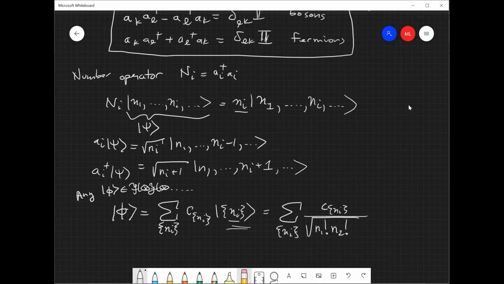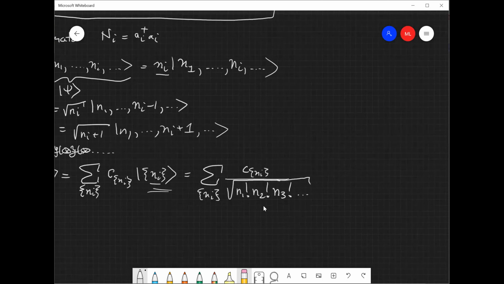And each time you operate you pick up a factor of the square root of n sub i, and that gives you this factorial for the normalization, and so on. And if you remember, this is exactly how you can construct the wave functions for the harmonic oscillators.